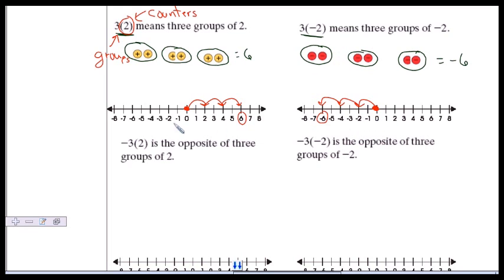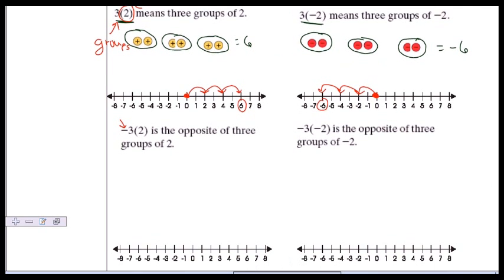Okay, now what happens if the first number is a negative number like this? Well, what this really means is the opposite of 3 groups of 2. We already know what 3 groups of 2 is, it's right here. So the opposite of 3 groups of 2 is exactly that, the opposite of it.